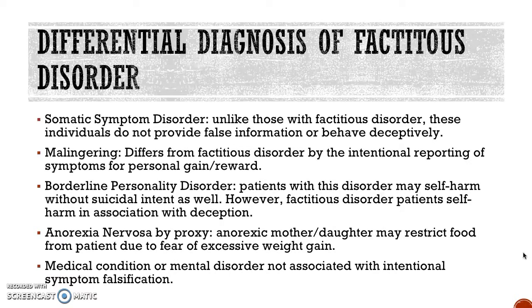Some differential diagnoses for factitious disorder are somatic symptom disorder. Unlike those who have factitious disorder, those with somatic symptom disorder do not necessarily fake their illnesses, or they don't behave deceptively.